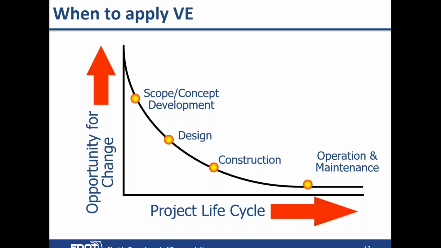So VE is a process that's recommending change to a project to improve the project. So when will we apply it? Well, we apply it as early as possible. And usually the last phase that we would hold a VE study is around phase 2 or 60% plans.